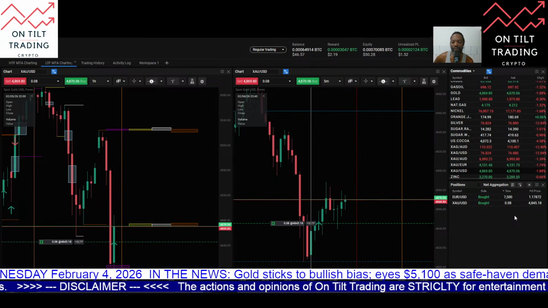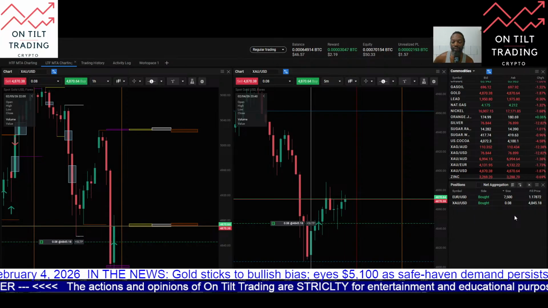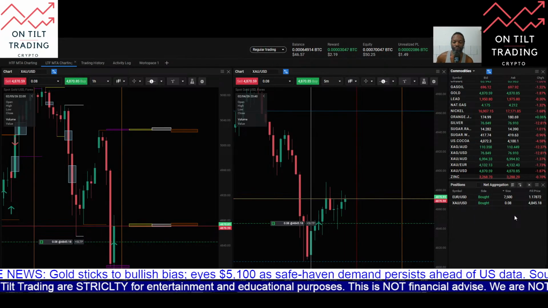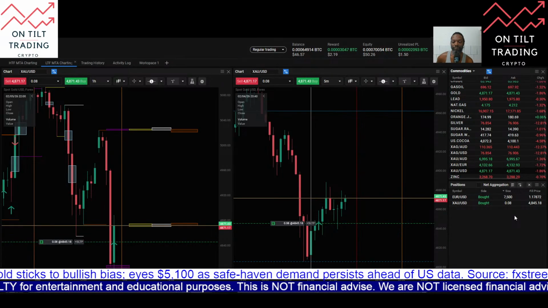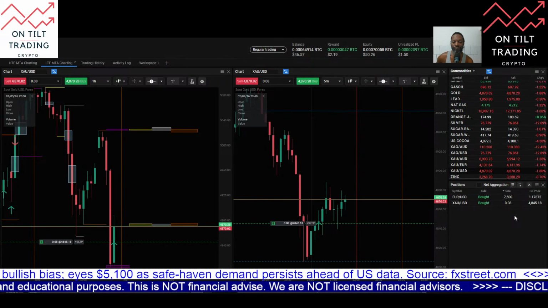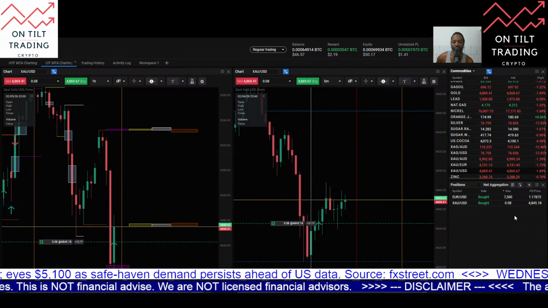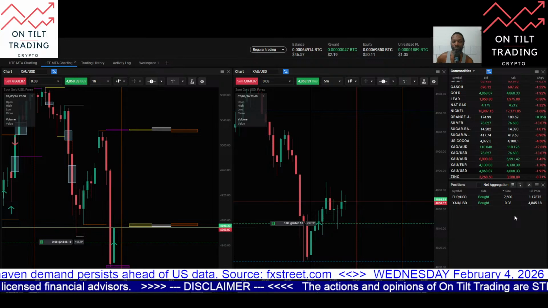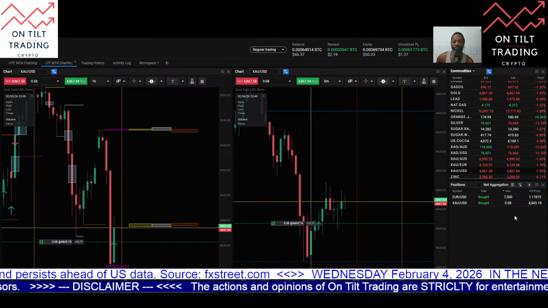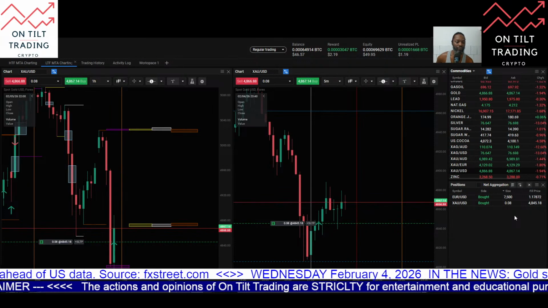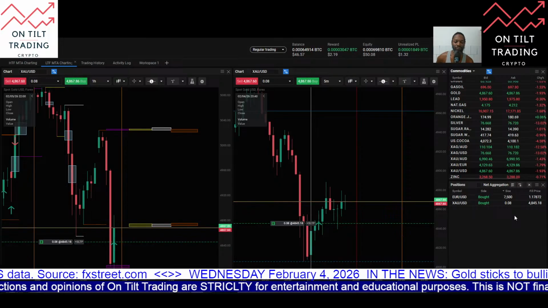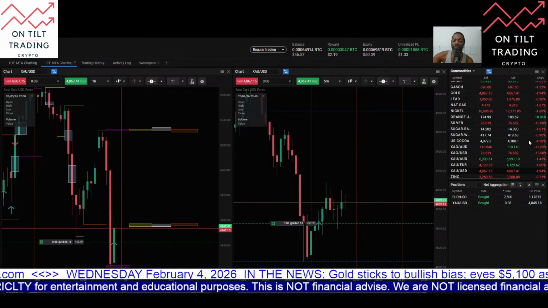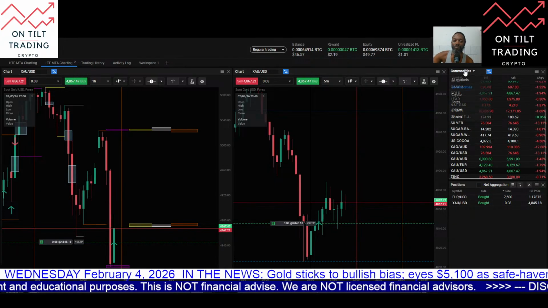Price back to consolidating here on gold, 48.70 level. Back to euro dollar.